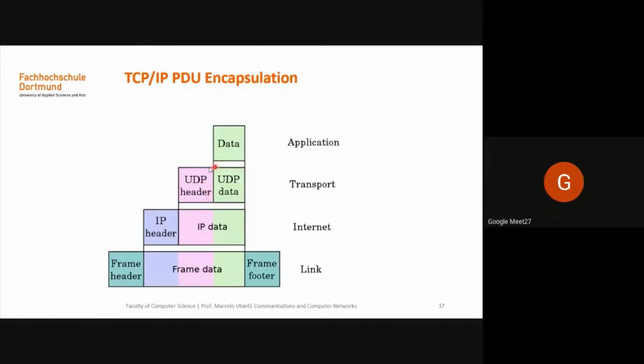After that, the UDP message is encapsulated within the IP datagram, and finally the IP datagram is encapsulated within the payload of the frame, and that frame is the frame that travels across the link to reach the neighbor.